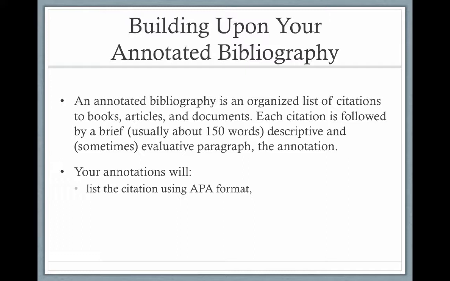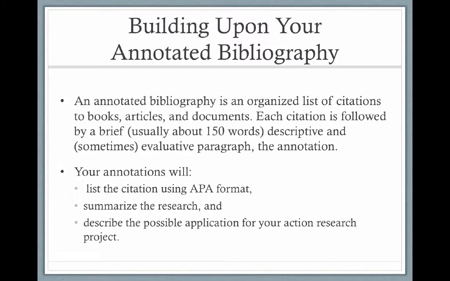And remember, if you don't have the APA 6th edition, you can always find that information on the OWL site out of Purdue, and it gives you all the information you need on how to properly use the APA citation format. You summarize the research and describe the possible application in your research project. But now we're going to take those 8 citations that you created and reorganize them to form a narrative, which will then be the literature review.